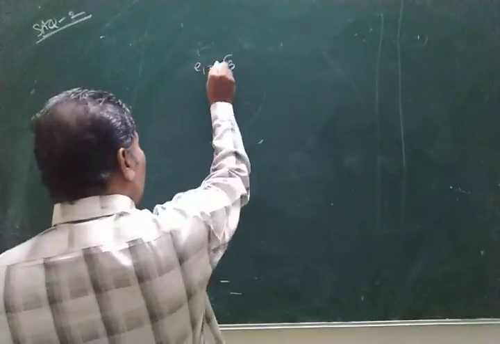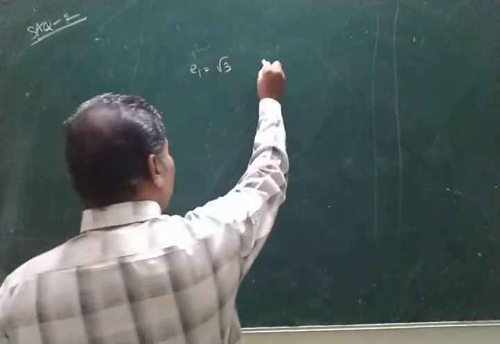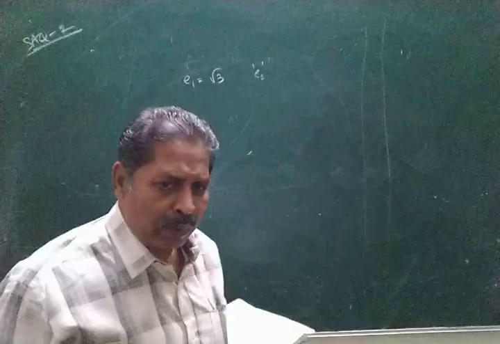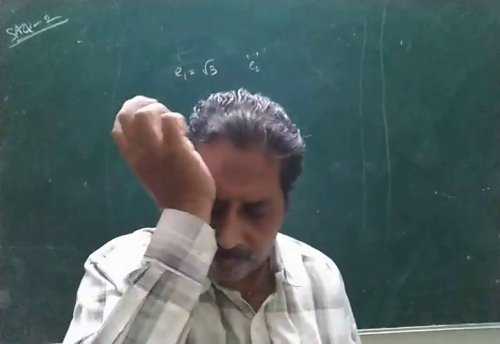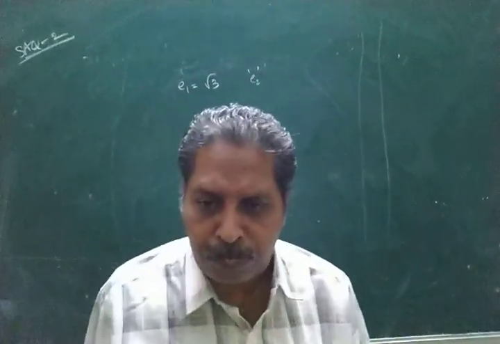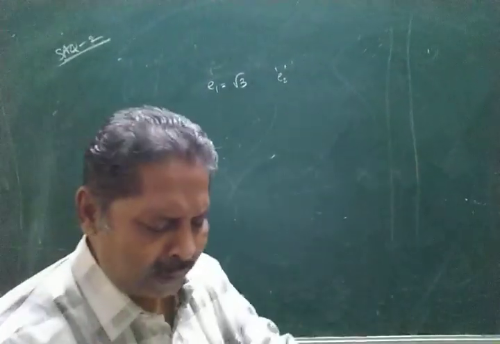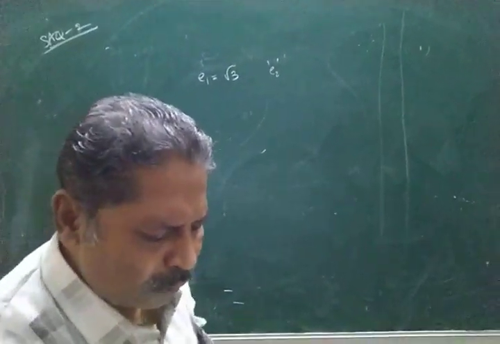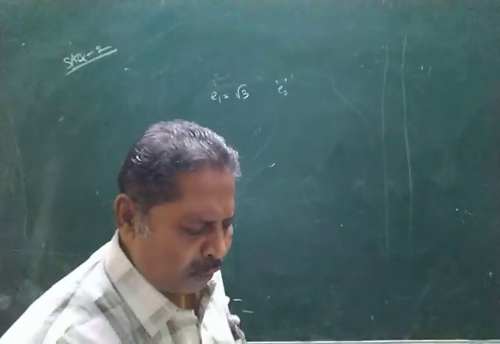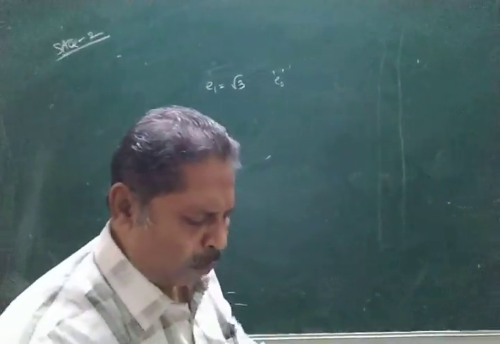Let E1 equal to √3. Next, let E2 be eccentricity of the conjugate hyperbola.